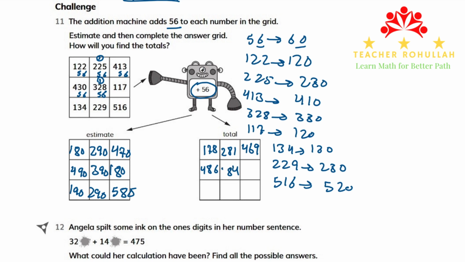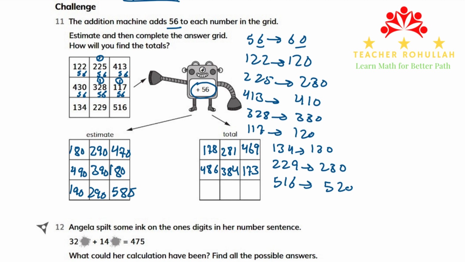And 3 plus nothing is 3. 117 plus 56. 7 plus 6 is 13. I write 3 here and 1 above the tens place. 1 plus 5 is 6, and 6 plus 1 is 7. So 7 here. And 1 plus nothing is 1. So the sum of these two numbers is 173.